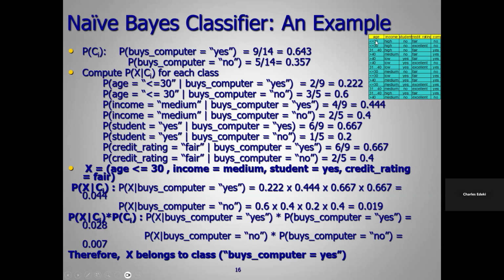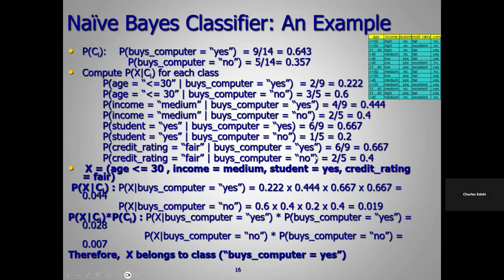And the no count is 3. Then the last two will be for yes, which is 1 and 2.